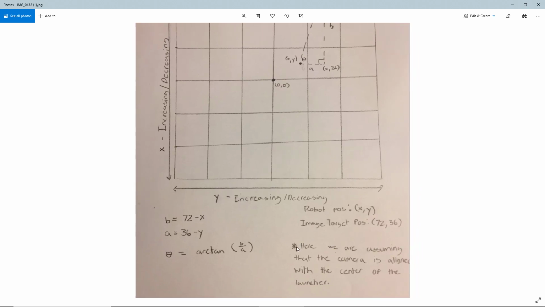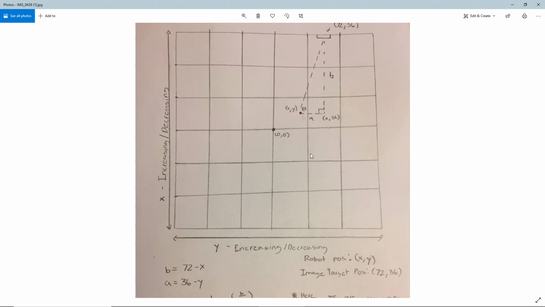And here I just said we are assuming that the camera is aligned with the center of the launcher. So we have a launcher mounted on our robot. When we angle our robot towards that image target, we'd actually be angling our camera towards the image target, not necessarily our launcher.